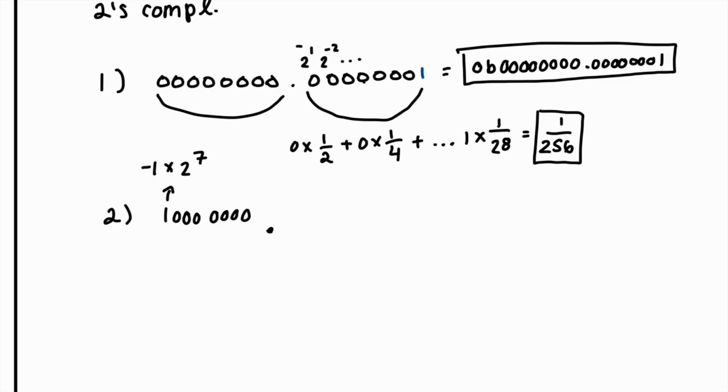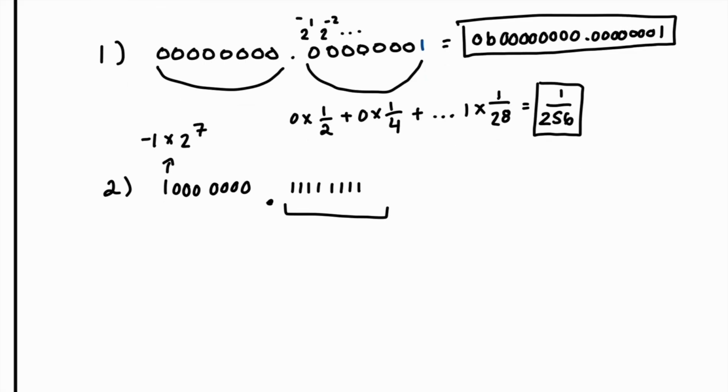And then over here, since we want our fractional value to be as great as possible, so it's further away from 0, we'll just fill it in with all 1s. So this will be equivalent to -128 and 255 over 256.